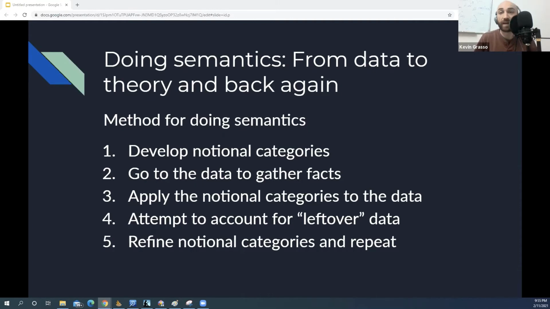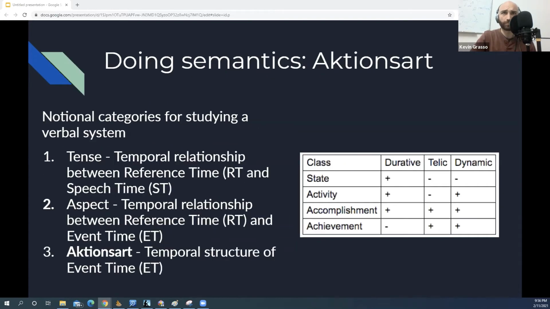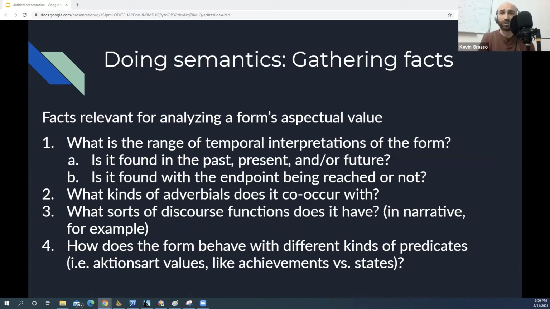So now we go to the data and we gather facts. So what kind of facts are we looking for is the question. There are certain facts that are relevant for analyzing a verbal form, right? And here I'm focusing on forms of spectral value, just because it's probably one of the most debated in Greek and Hebrew, what these forms mean especially, and I think it's a category that is actually heavily encoded in English, despite the fact that many people say, oh, English is more tense based.